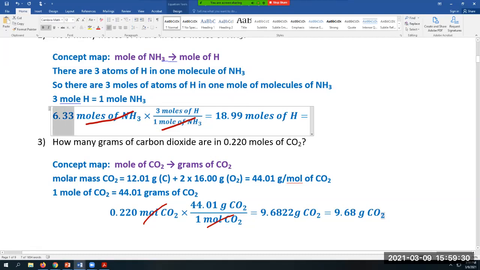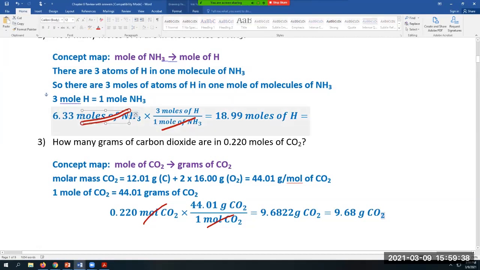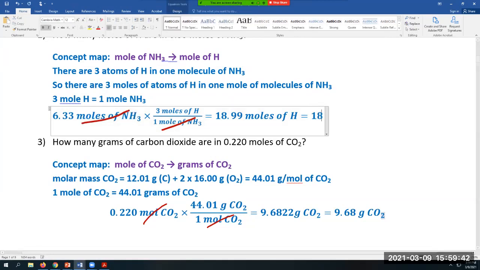So the limiting measurement is the number of moles, the starting number here. We have 3 sig figs in 6.33, so we need to keep 3 sig figs, and it's going to be 18.9. However, what comes after the 9 is another 9, so that is going to be rounded to 19.0 moles of H.